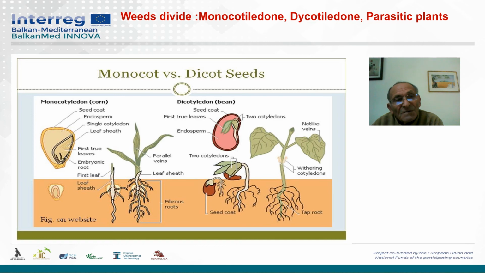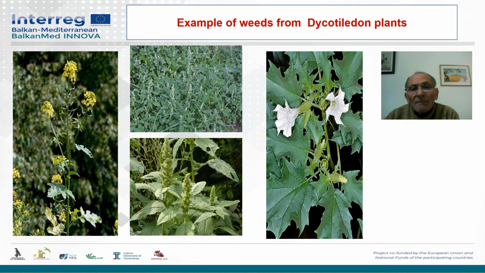Here we have some examples of weeds from dicotyledon plants. We see here Sinapis nigra, Chenopodium album, Amaranthus retroflexus, Datura stramonium. There is a big number of dicotyledon plants as weeds in all crops.